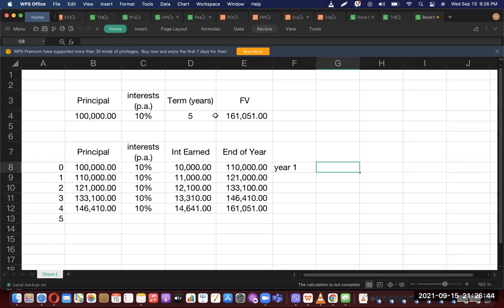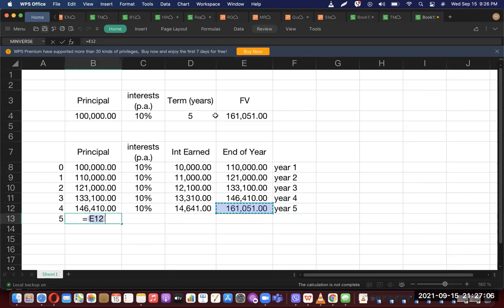This is the end of the first year, so year one, and then we have year two, meaning the end of the second year, year three, year four, and year five. I'll just upload the Excel file so that you can also create your own.